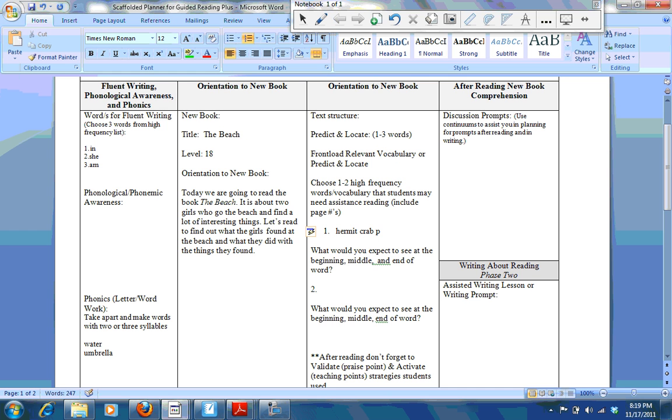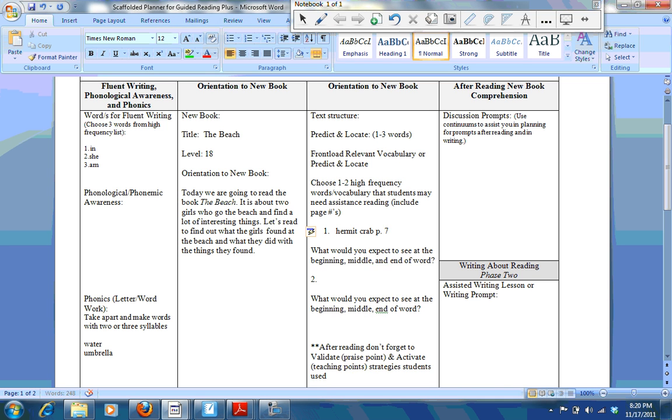One of the reasons why I want to do hermit is because when we did the taking apart of the two-syllable words, I want them to really think about the beginning, middle, and end of a word. What would you expect to see at the beginning of hermit? What do you see in the middle?